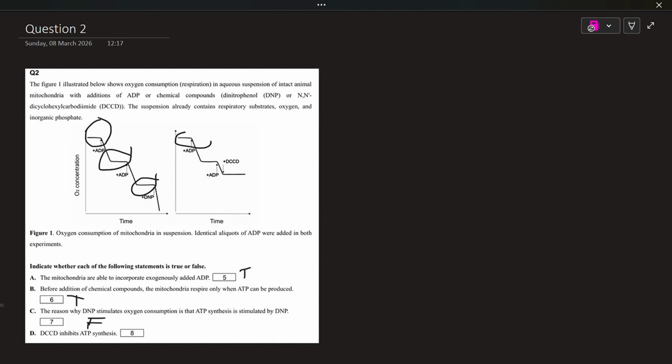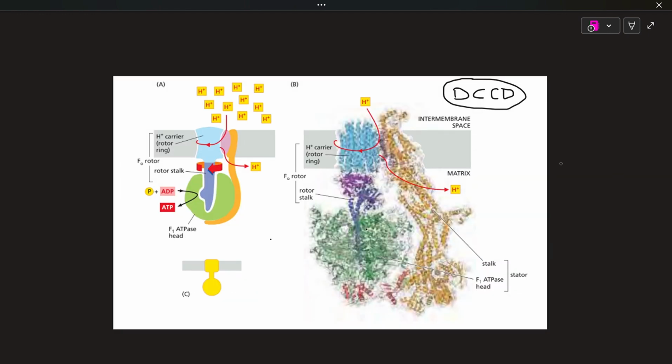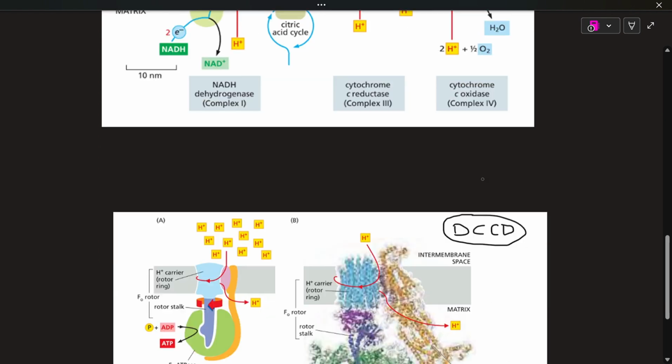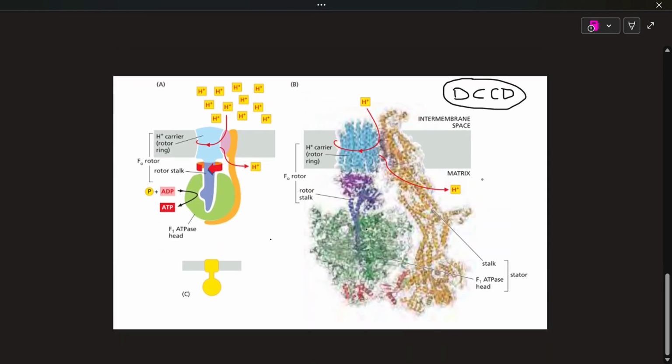Statement D. DCCD inhibits ATP synthesis. Again, before we can answer this statement, we need to know what DCCD does to mitochondrial function. We can see here the picture of ATP synthase, which is the next stage after the electron transport chain to produce ATP in the mitochondria.